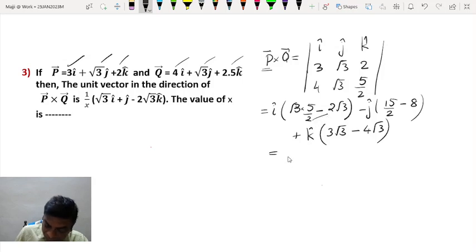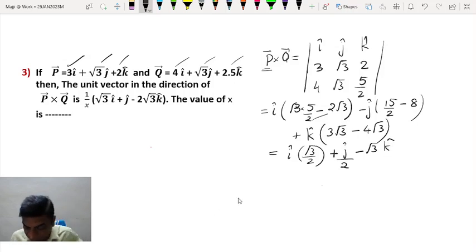So this will be root 3 by 2 here, j by 2 here, and root 3 k cap. So this is the cross product.